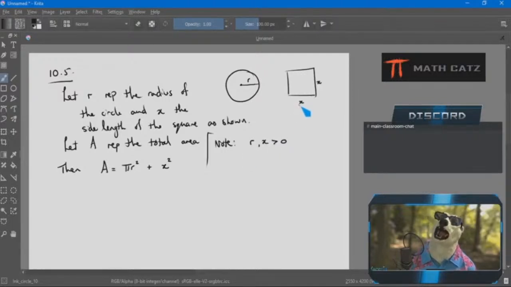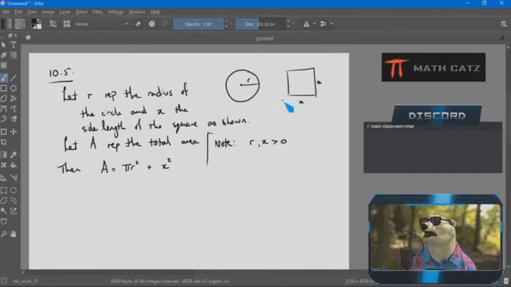But if I look at x first, maybe, what is the largest that x can be? Well, they tell me that my total amount of fence is 100. Now, the largest x can be, I'm going to get that when I have the biggest square possible, which is when there is no circle, or the circle is teeny tiny, 0, essentially, as close to 0 as I can get.